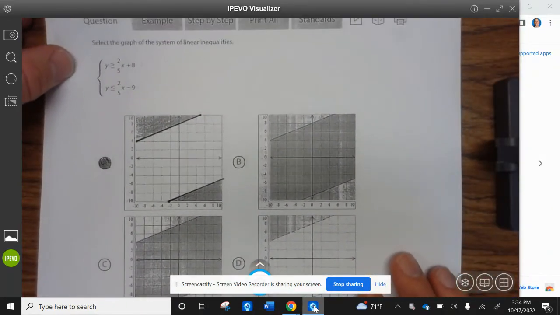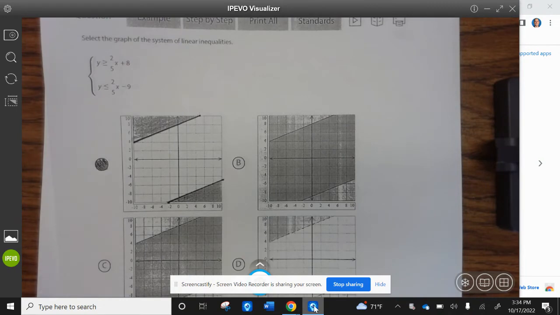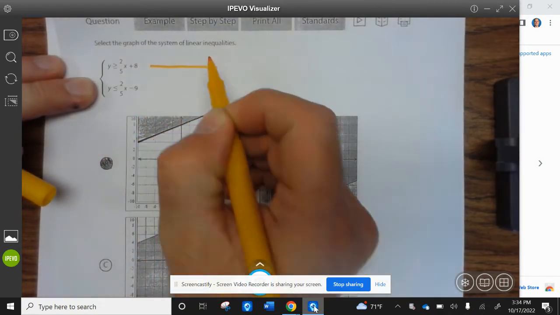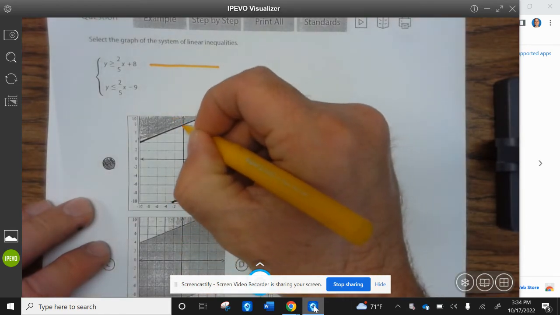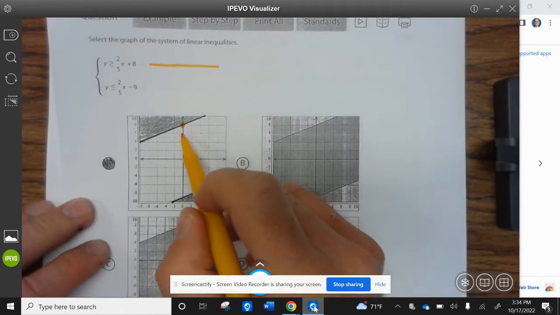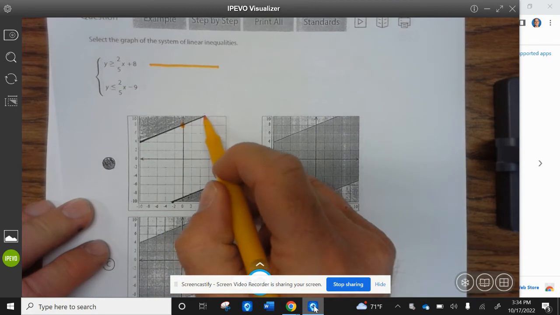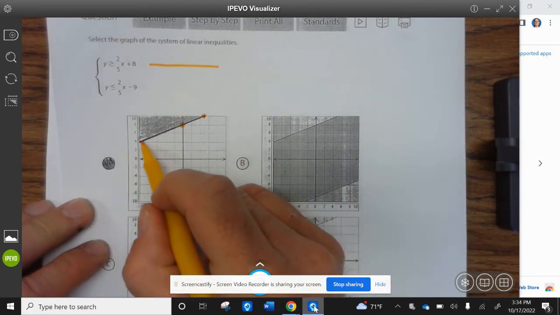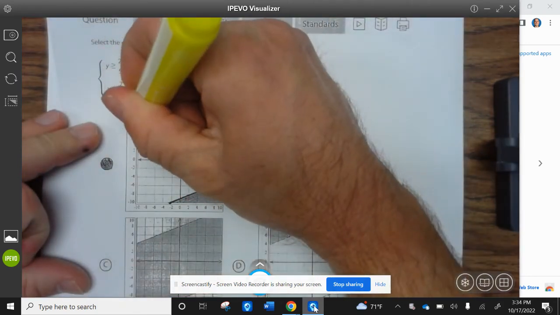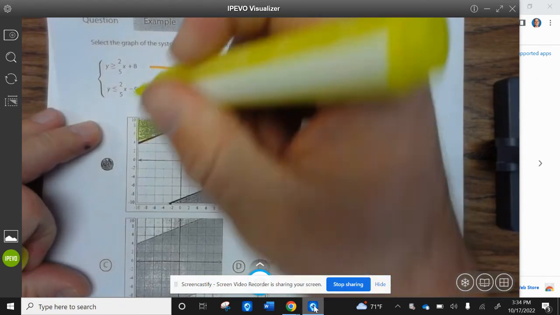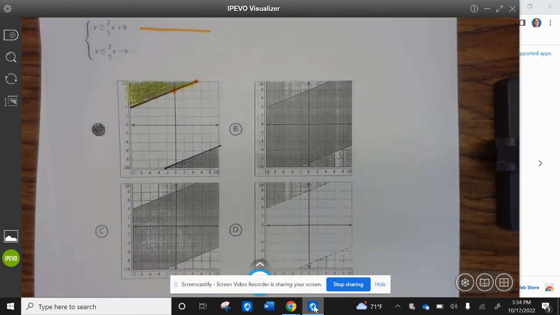All right. First graph, there's a solid line. So now we're at plus 8. And we go up 2, to the right 5, right here. Solid line. It's greater than, so we shade above. All right. Now, again, solid line.